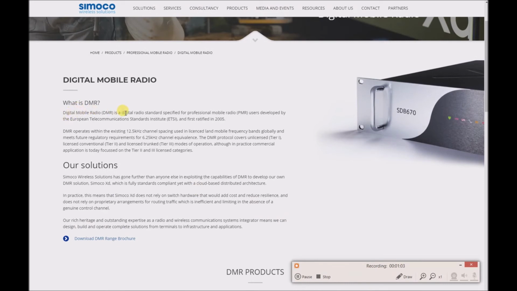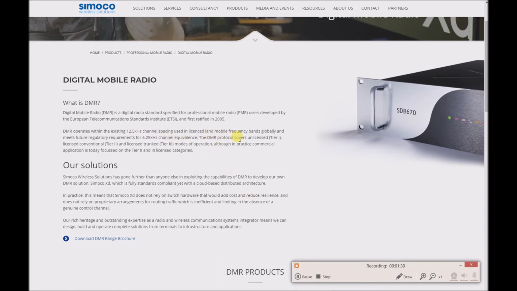Digital mobile radio is a digital radio standard specified for professional mobile radio, PMR, users developed by the European Telecommunications Standards Institute and first ratified in 2005. DMR operates within the existing 12.5 kHz channel spacing used in licensed land mobile frequency bands globally and meets future regulatory requirements for 6.25 kHz channel equivalents.